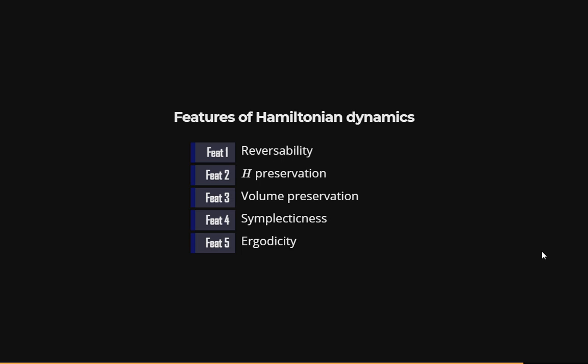Now, why are these features interesting? Well, the reversibility feature helps us say that the Markov chain transitions are reversible, which in turn means that we can prove that the Markov chain leaves the desired distribution invariant.